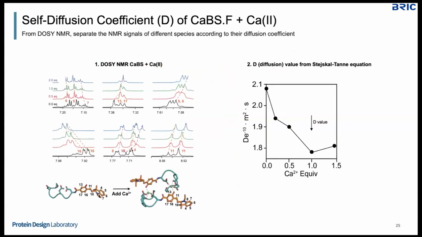Now, even though the size exclusion gave us a hint about our structure, to get deeper we checked NMR. In this case, we checked DOSY, which is a self-diffusion coefficient NMR. We measured NMR at different equivalents or concentrations of calcium, and then we picked up the calcium binding sites.